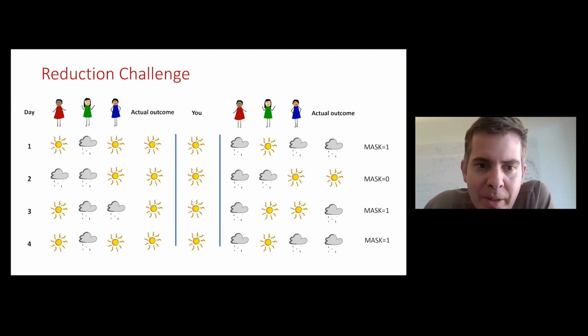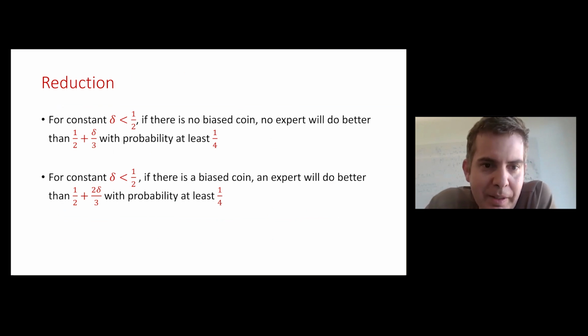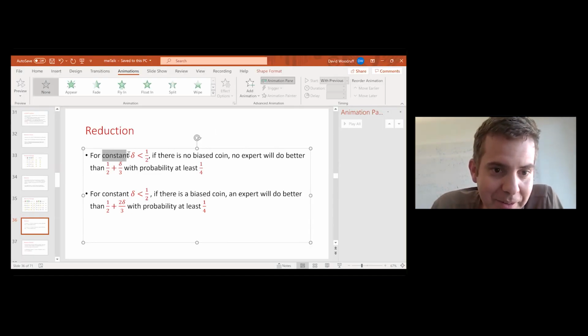Okay, so here are the properties you can show of this reduction. In this first bullet, sorry, this delta is arbitrary. It's not a constant. If that's confusing, sorry about that.